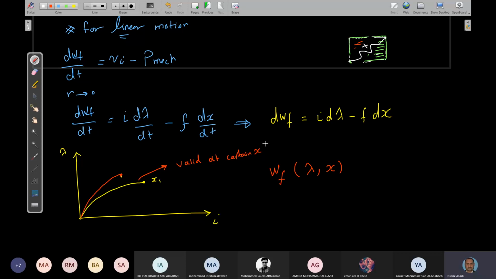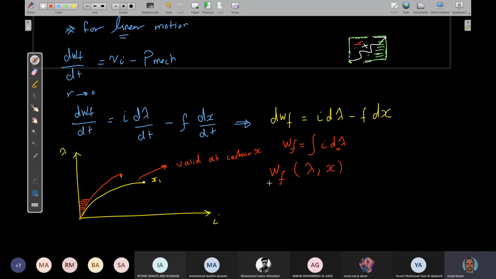Correct? If we recall, omega f was equal to the integration of i d lambda. So here the variable is d lambda, because if I change d lambda, the area will change. And if I change the position, then the curve will change.